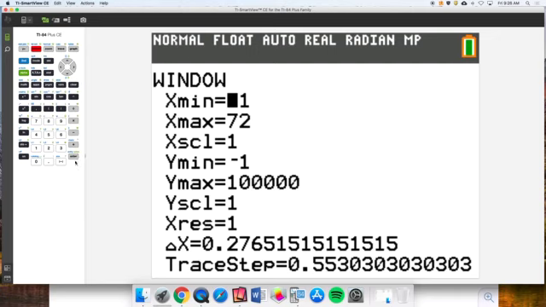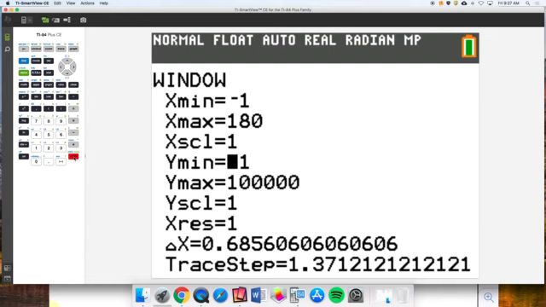X-min is -1, we're measuring time in minutes on the x-axis. So let's let 3 hours go by. How many minutes is 3 hours? 180. Oops, I did that in X-min. That's not what I wanted. X-min -1 to X-max 180. And then we're measuring festival goers, people that have heard the rumor. So Y-min -1. We know 42,000 people, so let's go to 50 grand.